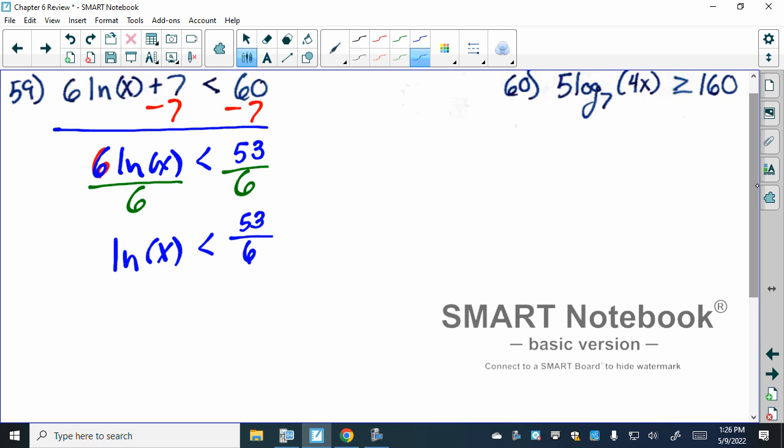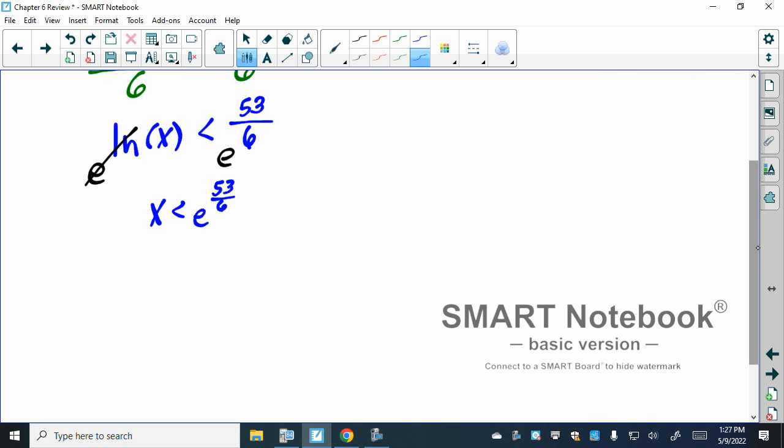So the first thing we need to do for this here is to get the natural log by itself. Once we get the natural log by itself, we can apply e to both sides, because e and the ln will cancel each other out, telling us x is less than e to the 53 divided by 6.